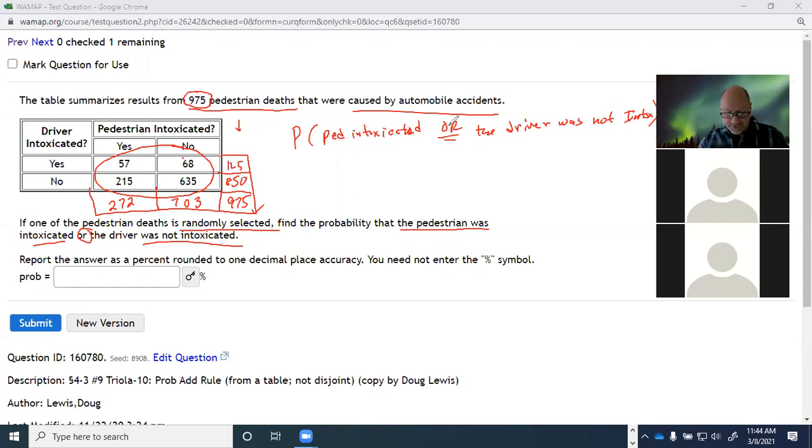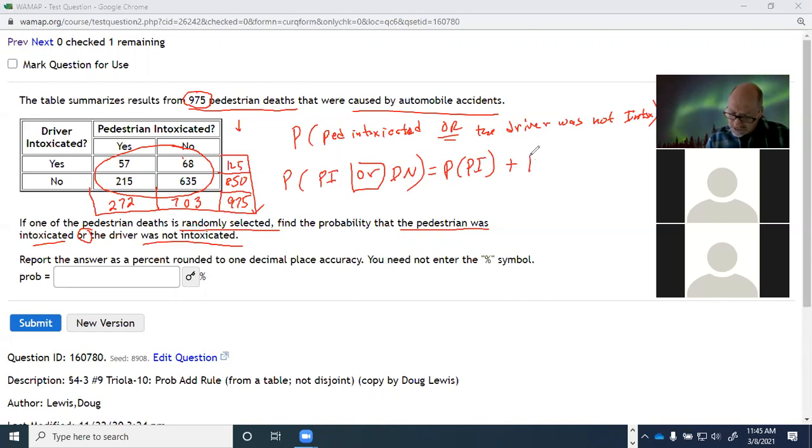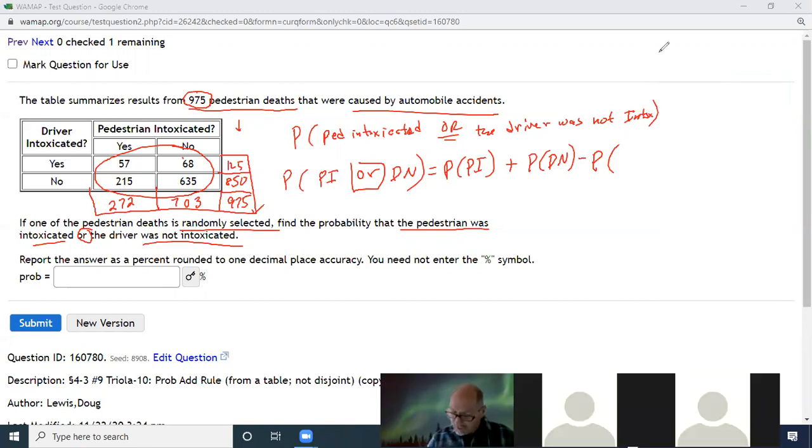When you have an or probability, I'm going to call this event A, well, I'll call this PI, probability that the pedestrian's intoxicated, or the probability that the driver was not intoxicated. When you have an or probability, you take the probability that the pedestrian was intoxicated plus the probability that the driver was not intoxicated minus the probability of both PI and driver not intoxicated.